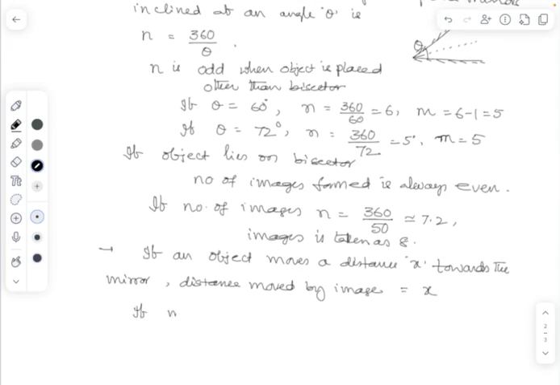If mirror moves a distance x towards the object, distance moved by image equal to 2x.